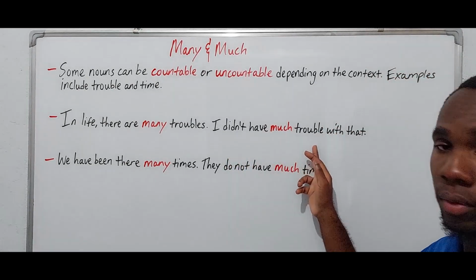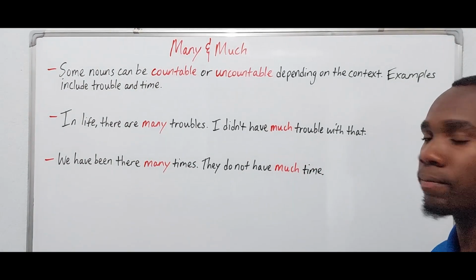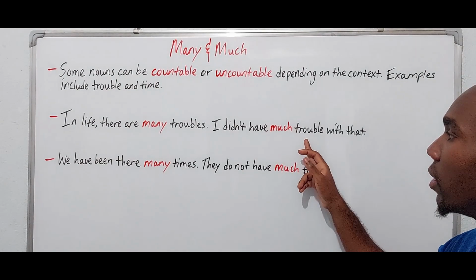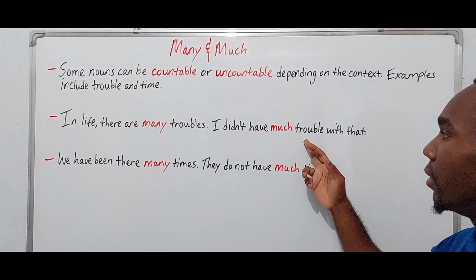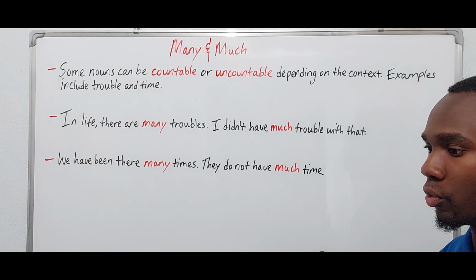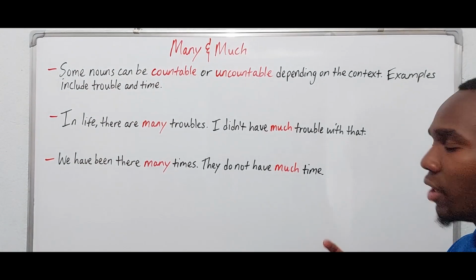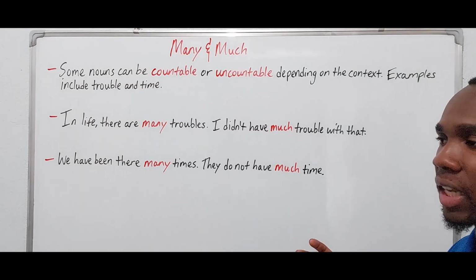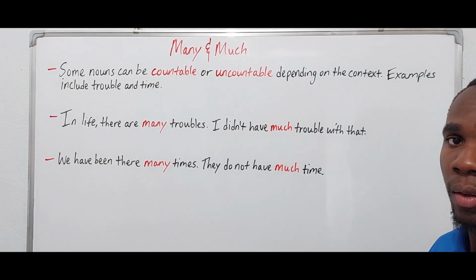And on the contrary, I didn't have much trouble with that. Now, trouble in this case is of course singular, and trouble refers to difficulty, right? So difficulty would be singular, uncountable.